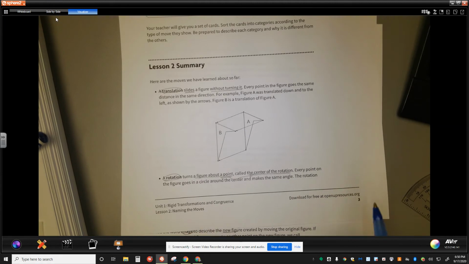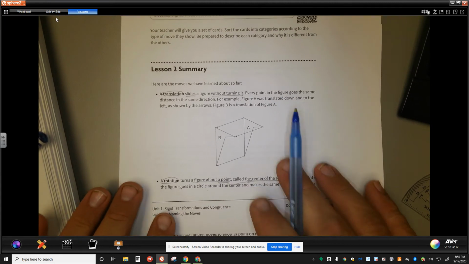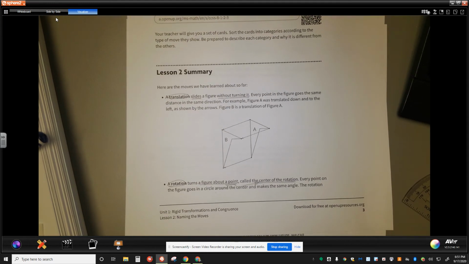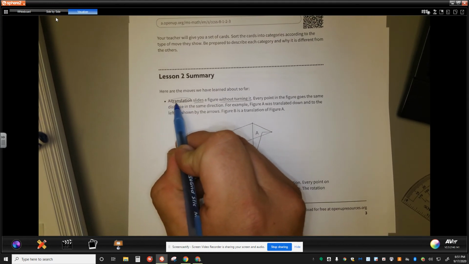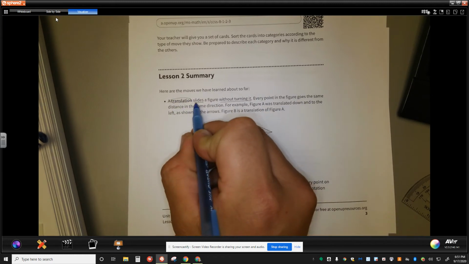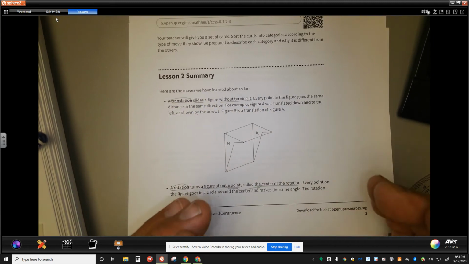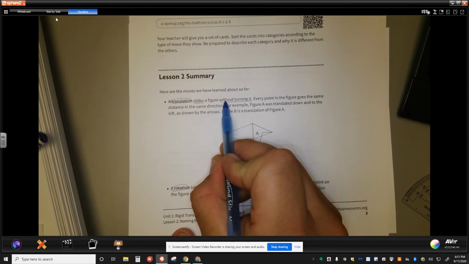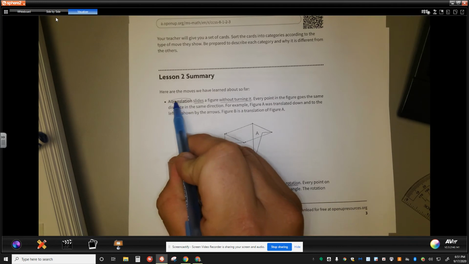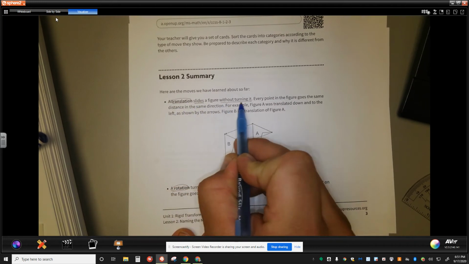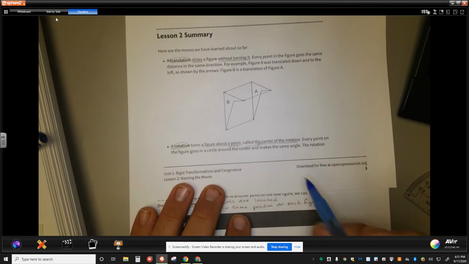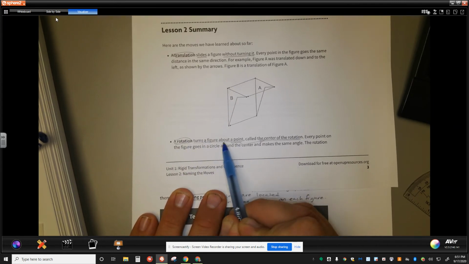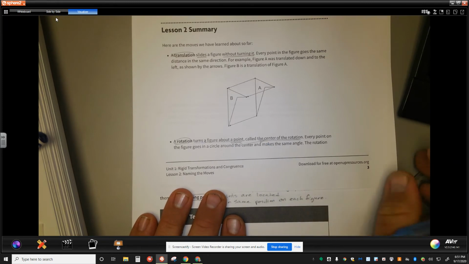As you're writing those down, since you don't have these packets, you have the opportunity to either print it, or what I would suggest is when you write these down into your spiral notebook, just write the word translation and put slides next to it, either in parentheses or in quotations, and then without turning it. This would be your keyword. This underlined portion would be your definition. Again, rotation, keyword, definition. Turns about a point called the center of rotation.